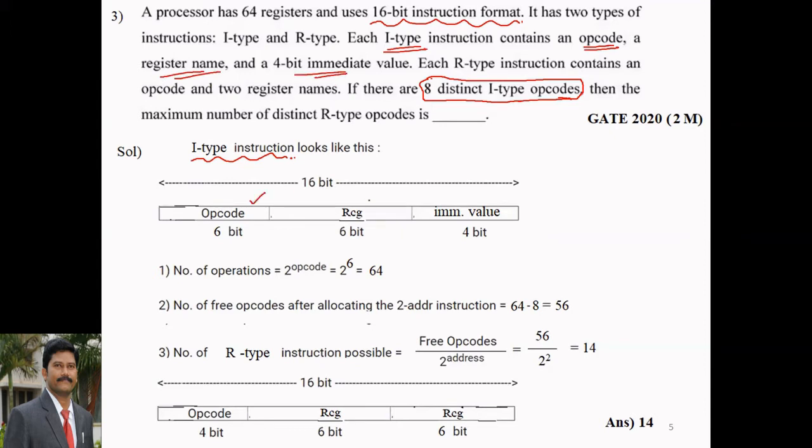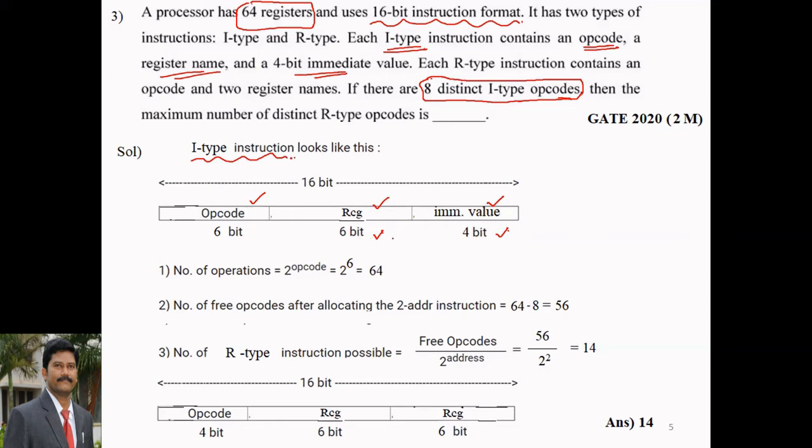That means opcode, register name, and immediate value of 4 bit. This is 4 bit, already given. This is 6 bit because a total of 64 registers are there. That time it becomes 6 bit, because 2 power 6 equals 64. That many address lines are required to select one register from the 64 registers.